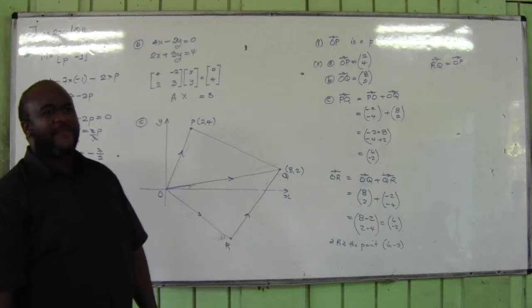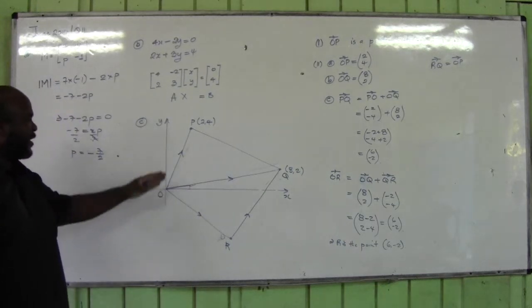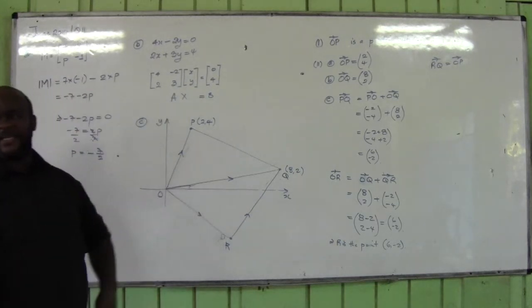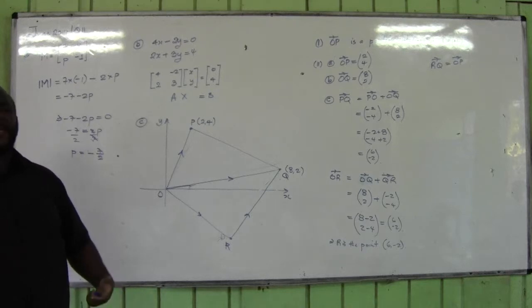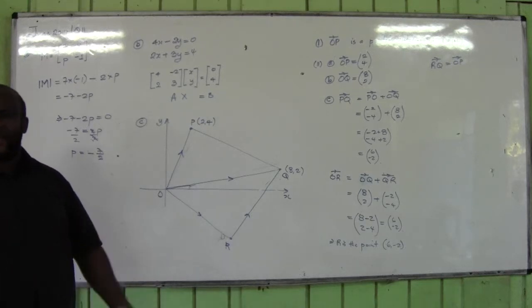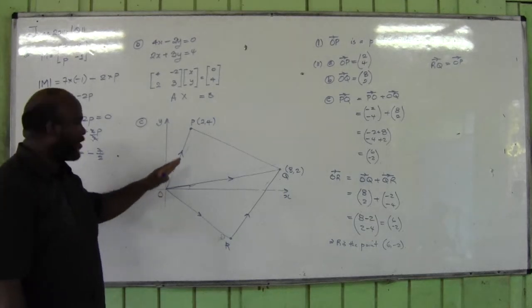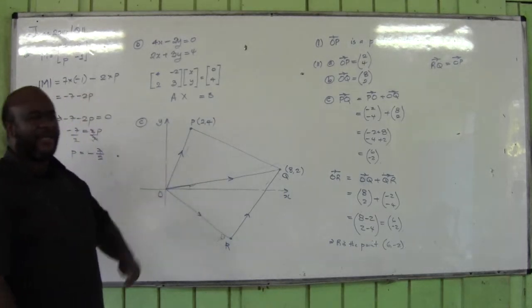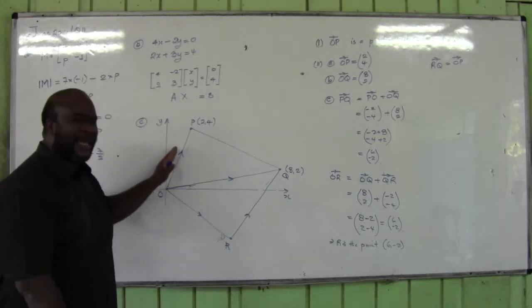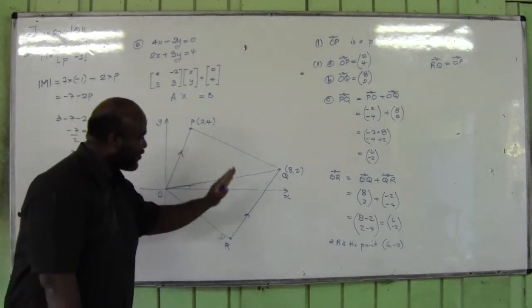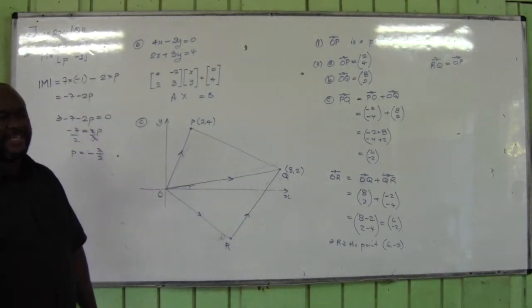If they are equal vectors, it means that the length of this side and the length of this side are the same. Two vectors are equal if they have the same magnitude and the same direction. If they have the same magnitude, the lengths of the lines representing them are the same.